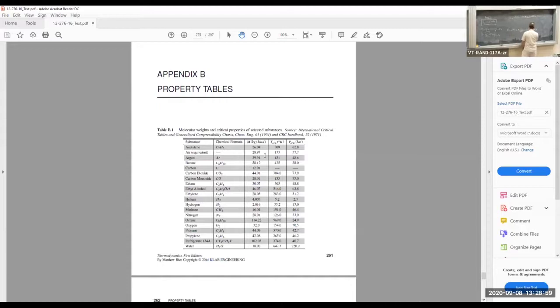So this is going to be 8.3 kilojoules per kilomole degree Kelvin divided by 28.97 kilograms per kilomole.